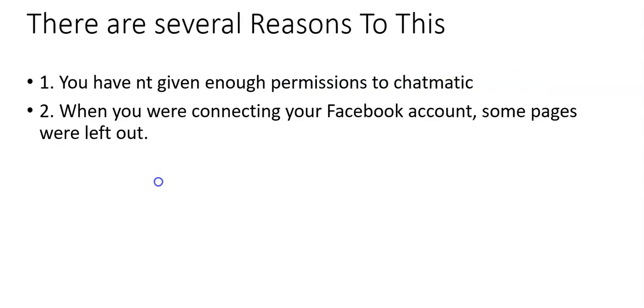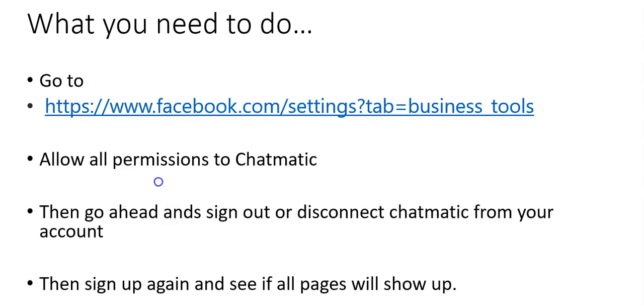There are several reasons for that. Either you didn't give enough permission to Chatmatic to access your Facebook, or, two, when you were connecting your Facebook account, some pages were left out, and that's why you aren't able to locate the pages. So what you need to do is go to www.facebook.com/settings?tab=business_tools. I'll link this at the bottom of this presentation so that you can see it.